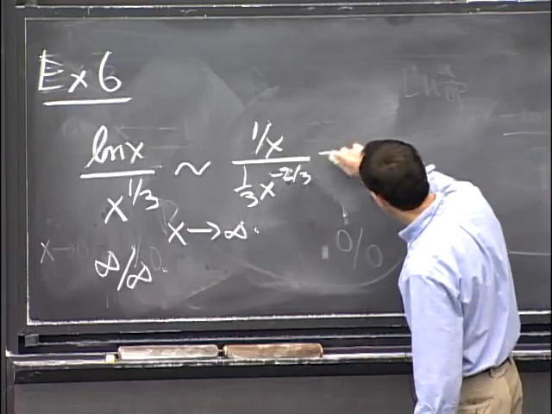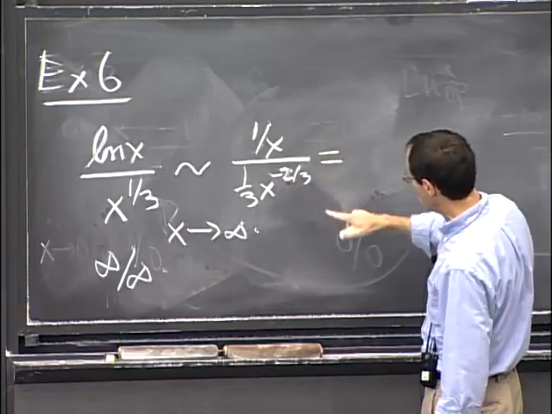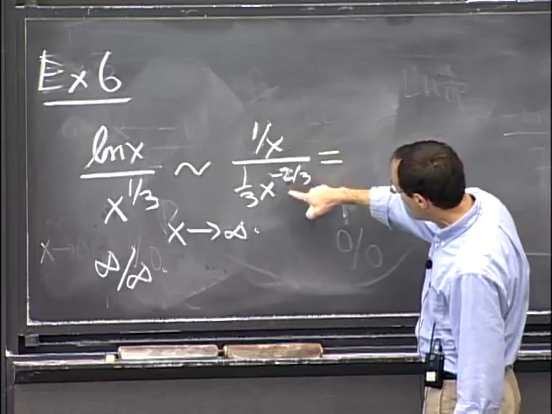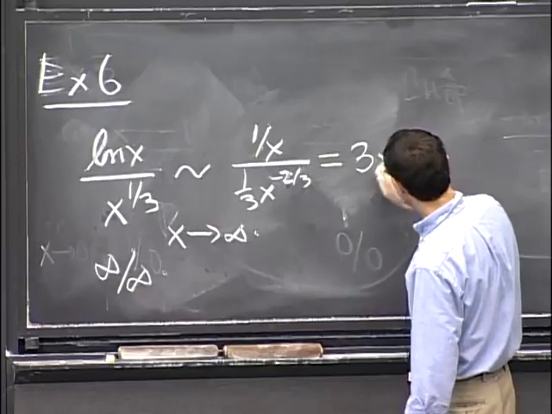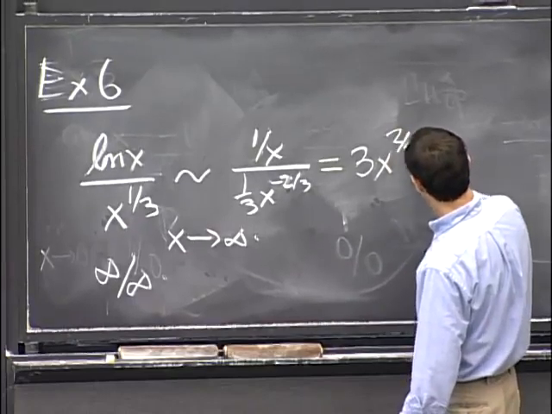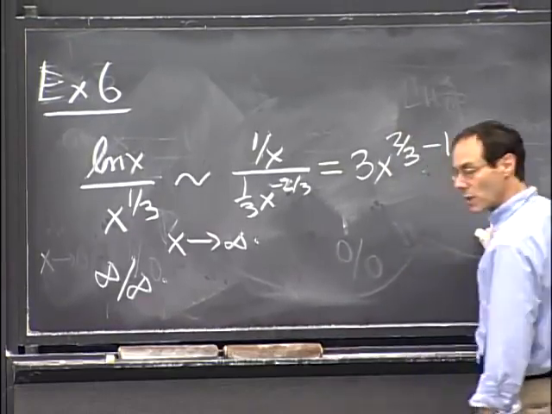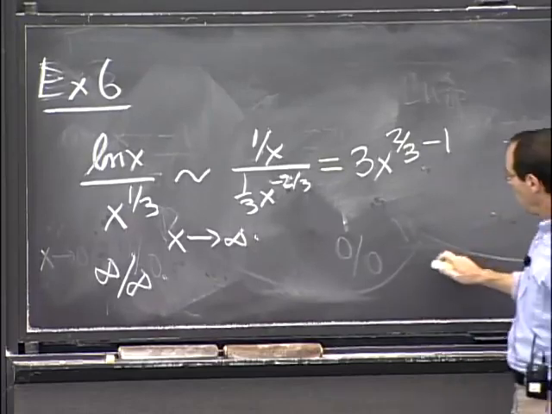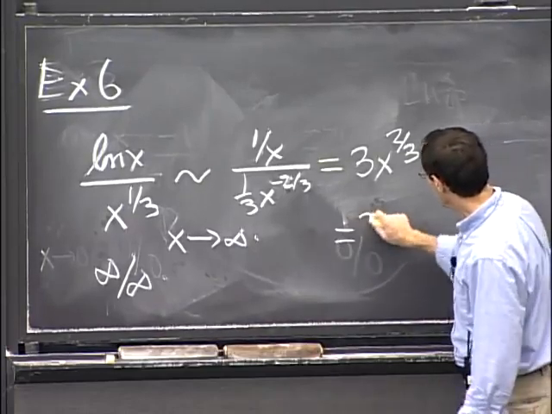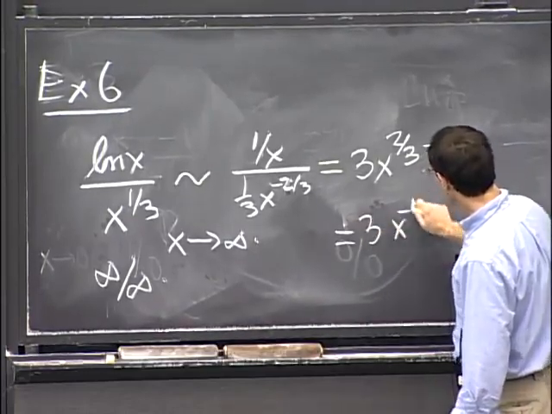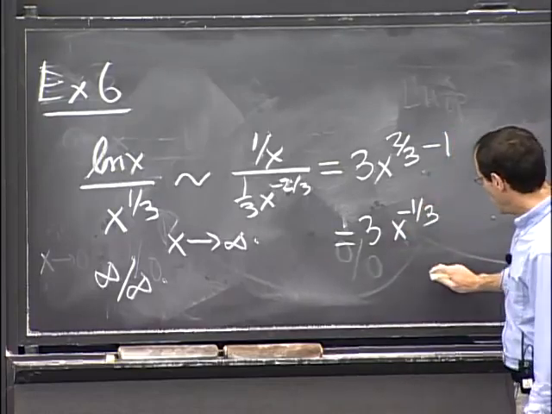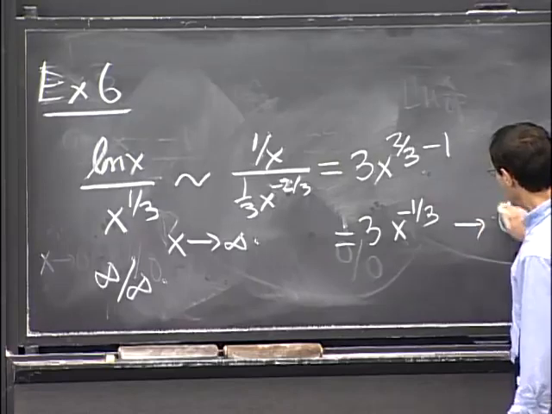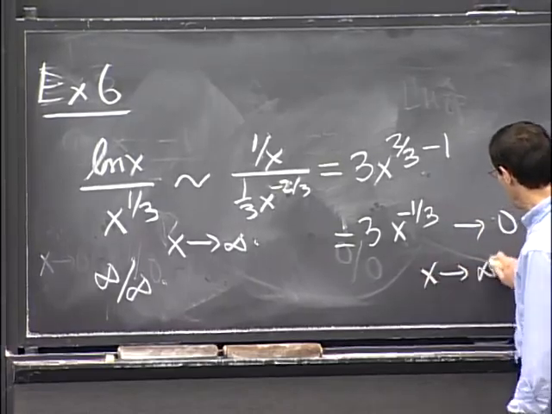Now, when the dust settles here and you get your exponents right, we have an x to the minus 1, and this is an x to the plus 2/3, and that 1/3 becomes a 3. So this is what it is, all right? And that's equal to 3x to the minus 1/3, which we can decide. It goes to 0 as x goes to infinity.